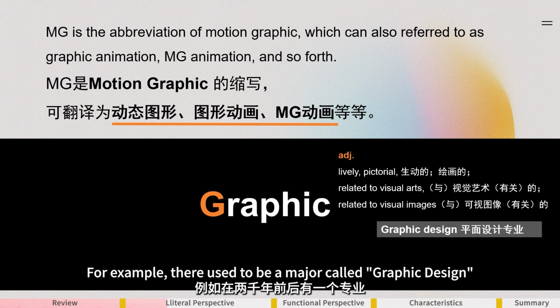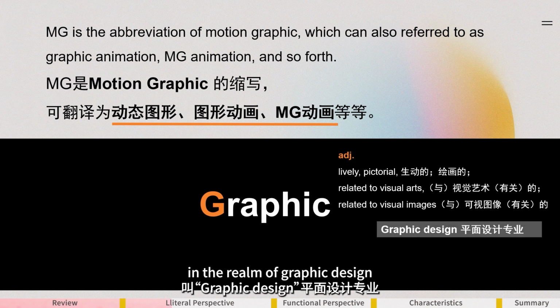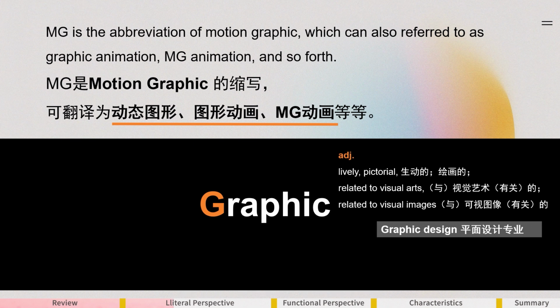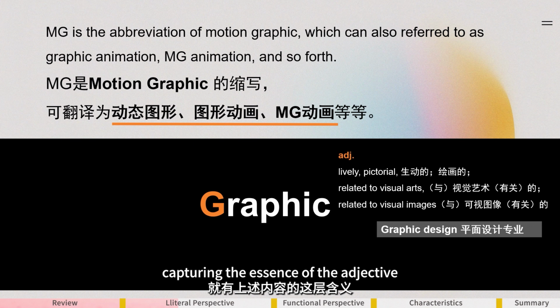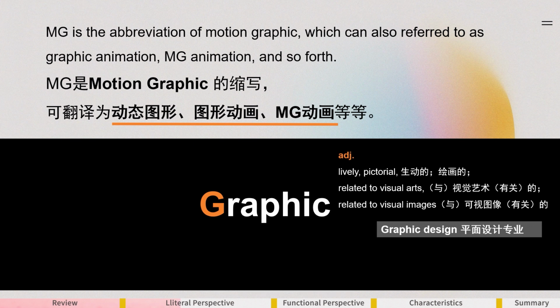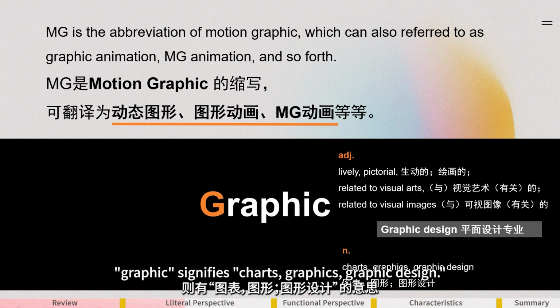For example, there used to be a major called graphic design, now renamed as visual communication design, capturing the essence of the adjective. When used as a noun, graphic signifies charts, graphics, graphic design.